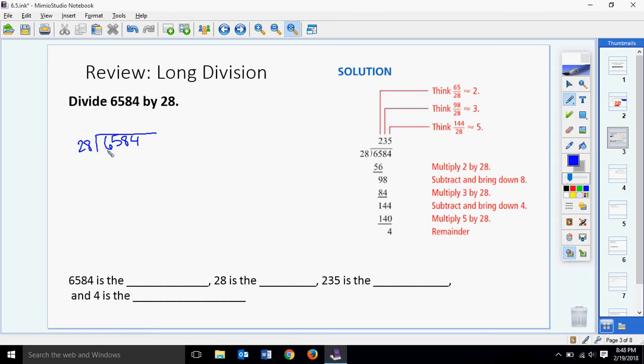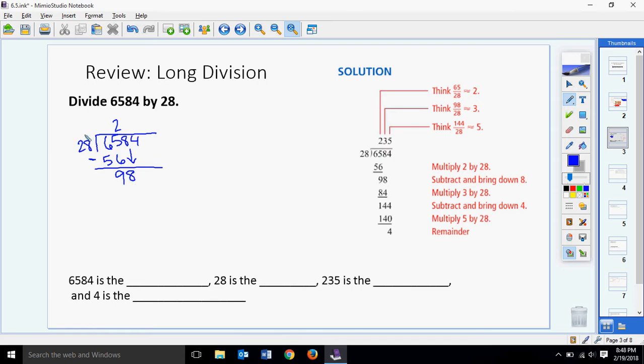So let's check out 65. How many times does 28 go into 65? That's about 2. And so what we do from here is we take 2 times 28, and we get 56. So now I'm ready to subtract 65 minus 56. I get 9. Now I want to make sure I bring down my next number, so that's 8.